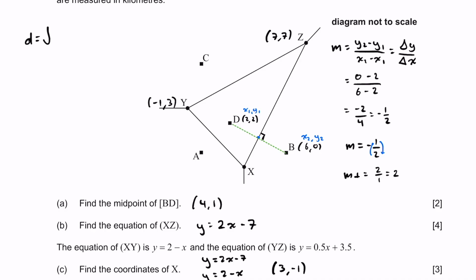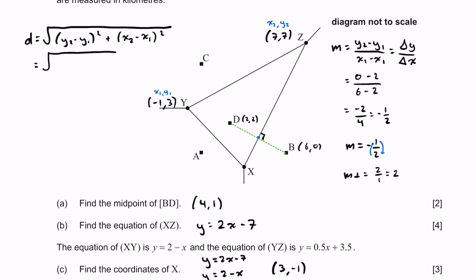Looks like this: square root of Y2 minus Y1 squared plus X2 minus X1 squared. Let's go ahead and label these, and then we'll use these to substitute.